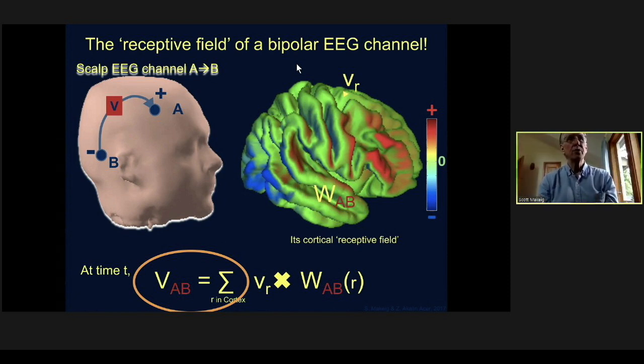So what's recorded from this one scalp channel is not one area or one brain process. It's a complex mixture of local cortical activities. So EEG, taken as a scalp channel signal, is a very fuzzy view of the brain. It's hardly worthy of the name of brain imaging.